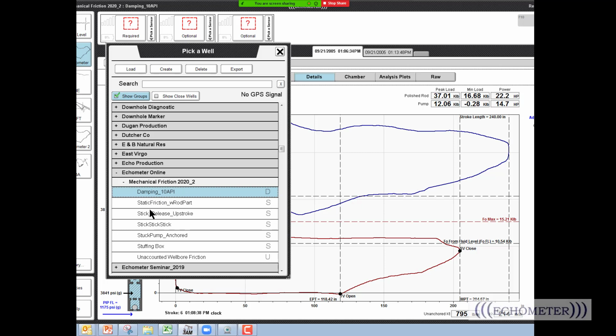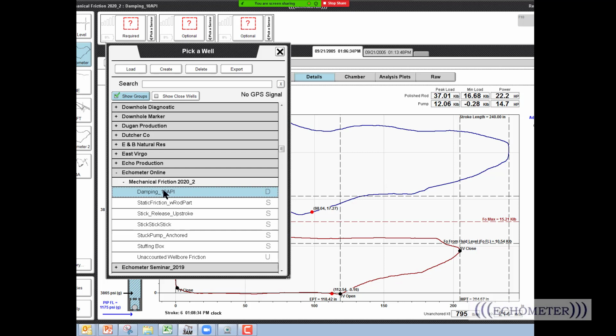And then there are 7 different examples of mechanical friction problems. And so we've looked at this one right here, which is the well in the background, called Damping Tin API.